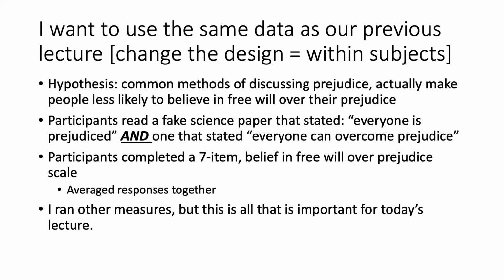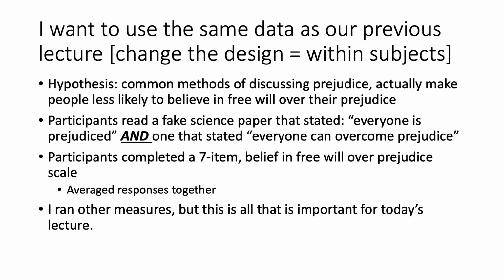For the sake of parity across the two lectures, I'm going to use the same experimental design as I did in the previous lecture. Now, this is the one where I said that common methods of discussing prejudice actually make people less likely to believe they have free will over prejudice. By telling people everyone is prejudiced, I believe you're going to reduce their free will. In comparison, my comparison group is telling folks that everyone can overcome their prejudice.